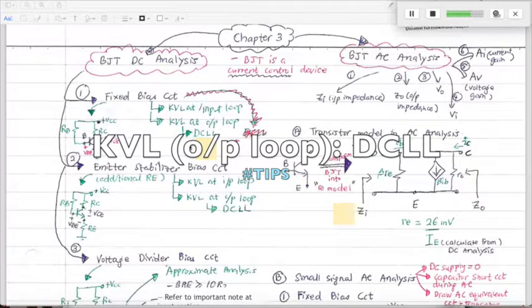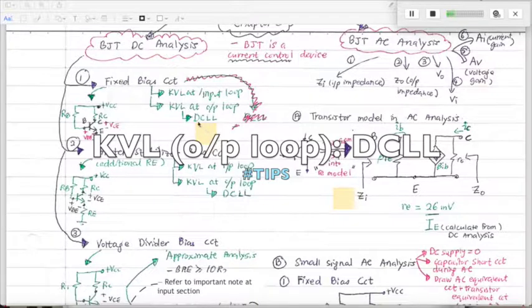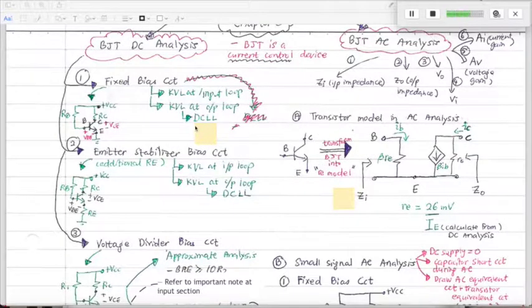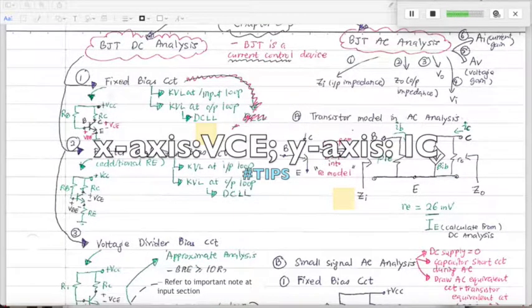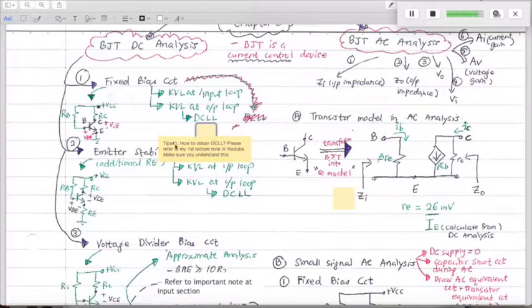If you recall my first lecture on YouTube, the DCLL can be obtained from the KVL equation, in which you obtain VCE at the x-axis and IC at the y-axis. So tip number 1, you need to remember, or at least know how to obtain, the DCLL.